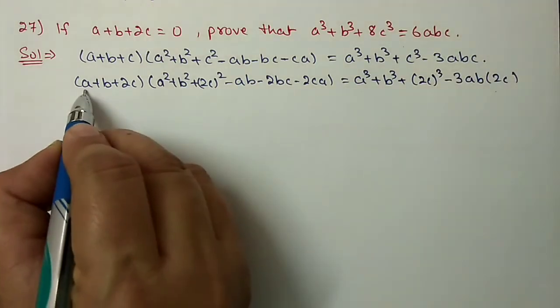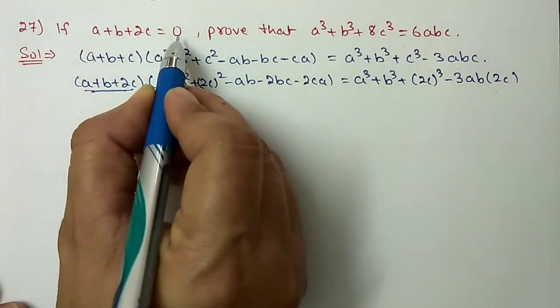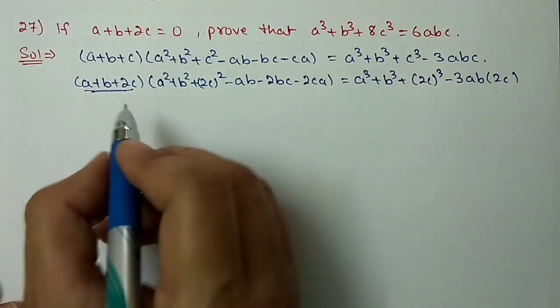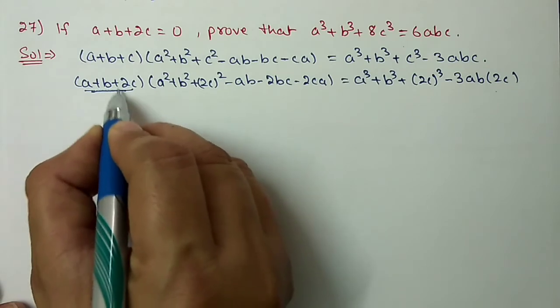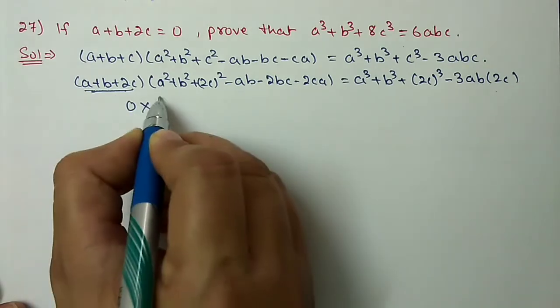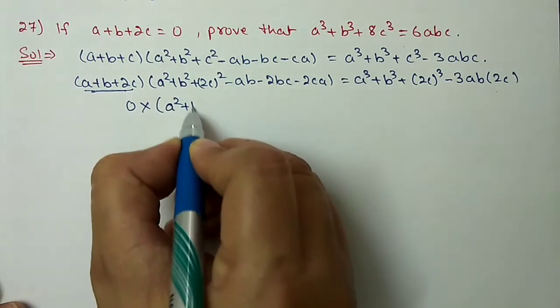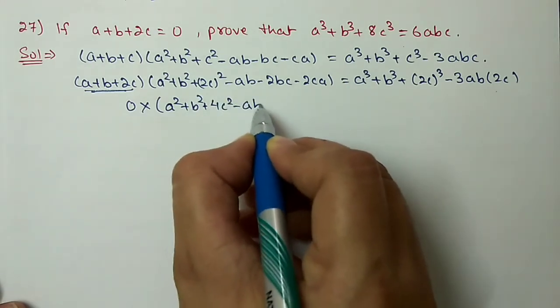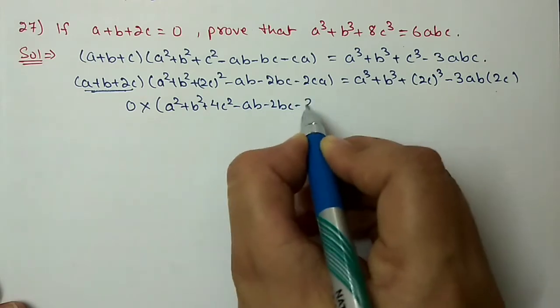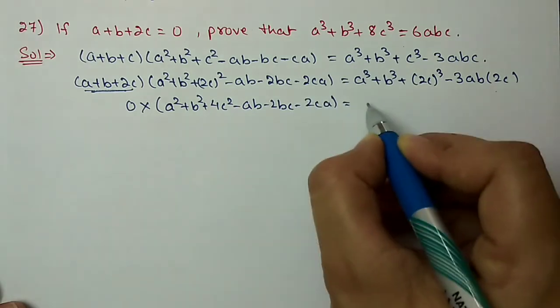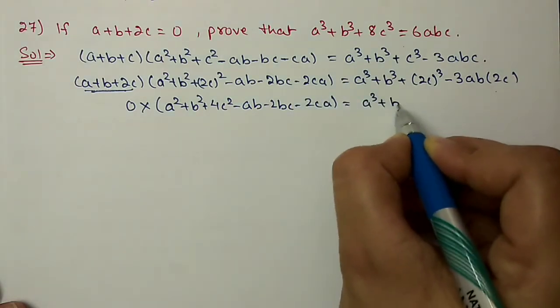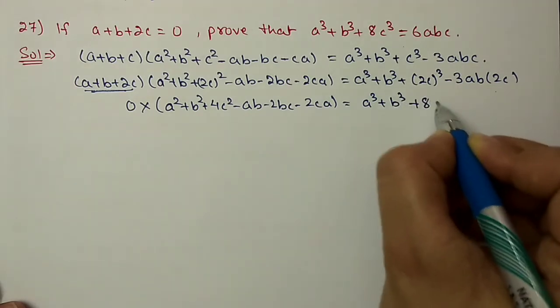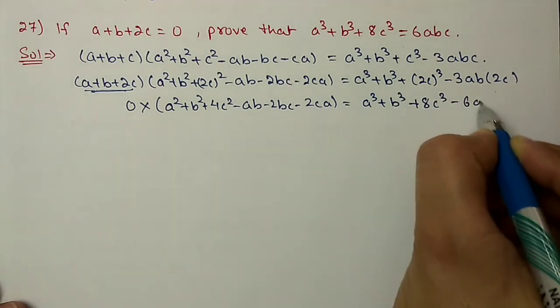Now because this thing is equal to 0, it is given in the question a plus b plus 2c is equal to 0. So we will keep its value here, 0, and will multiply with this bracket. And the right side we will expand it. We will get here 8c cube minus 6abc.